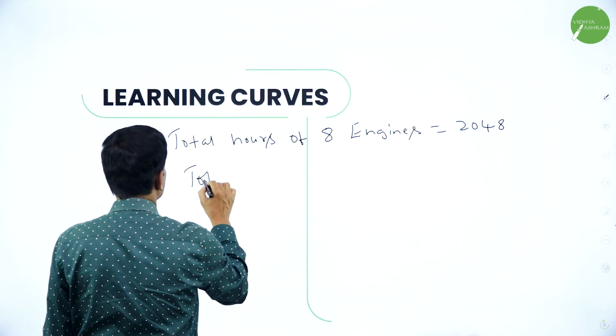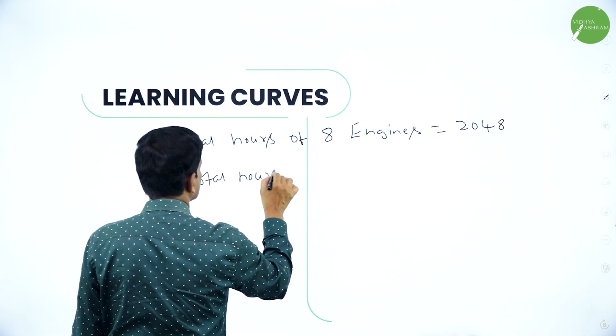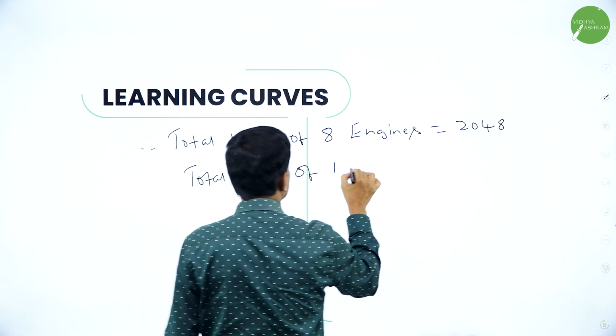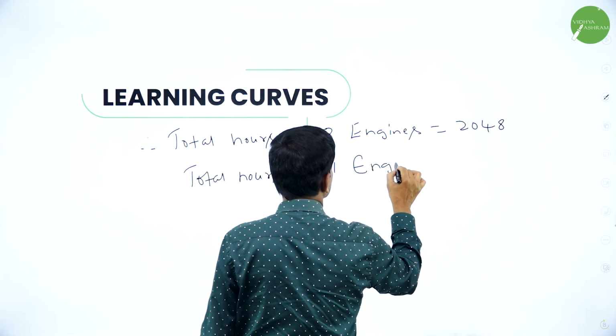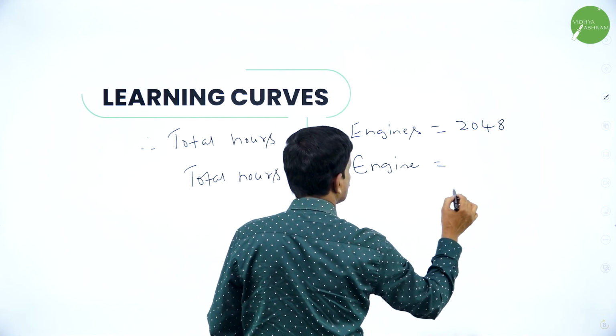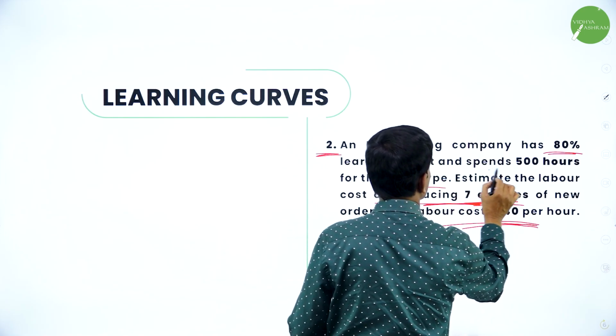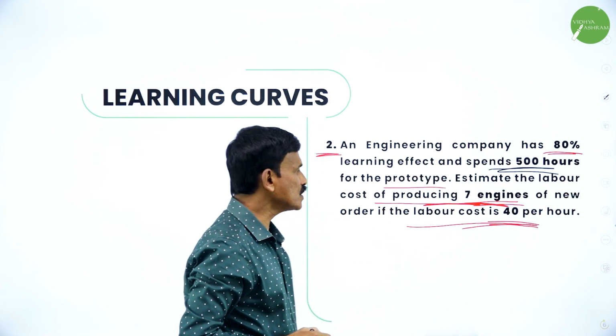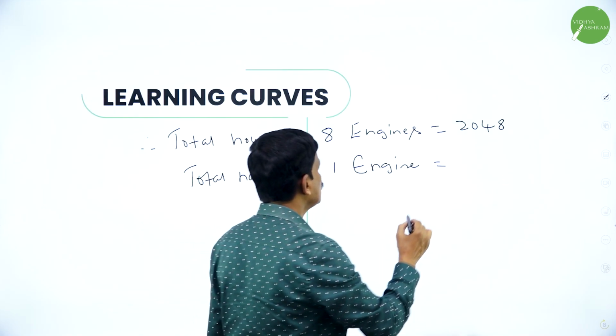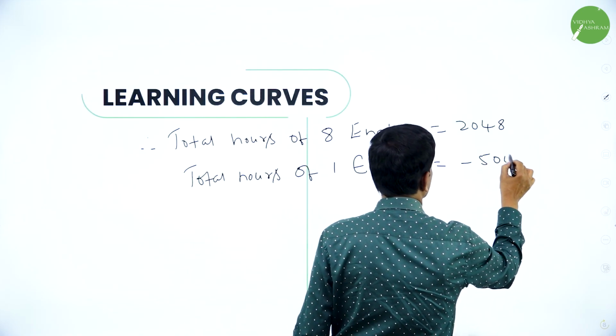Now what is given? Total hours of one engine, with learning effect and spending 500 hours, is 500. Right.